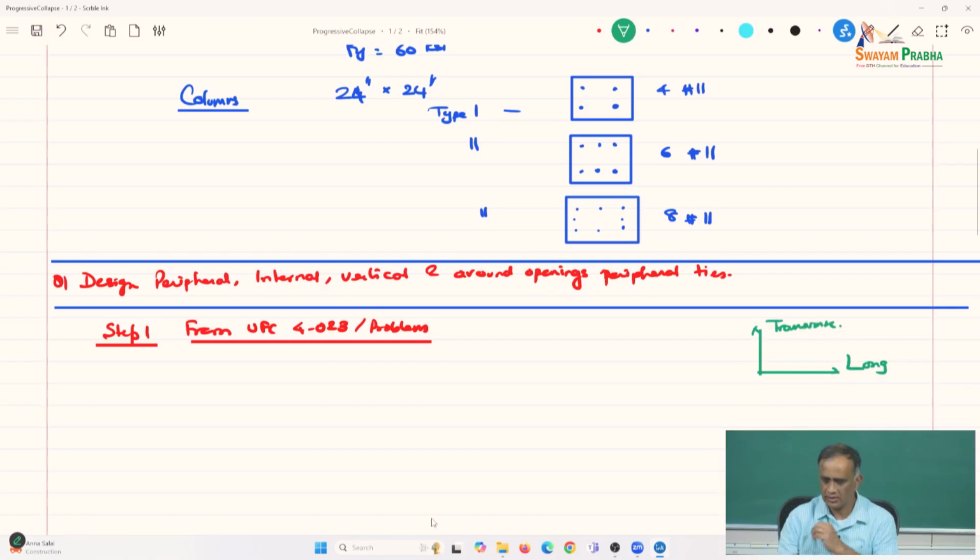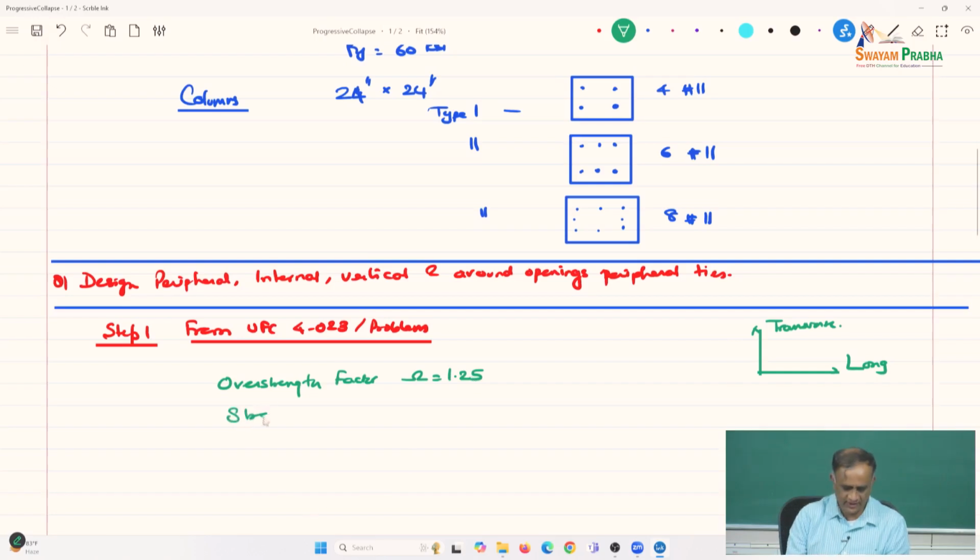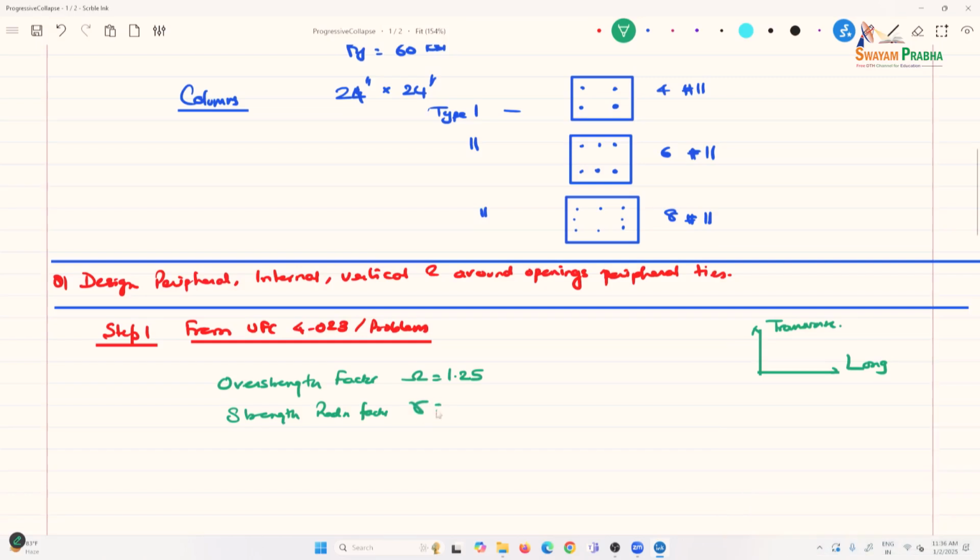So other information is the overstrength factor omega is 1.25, and then you also have the strength reduction factor is 0.75. For now, take this data as needed.